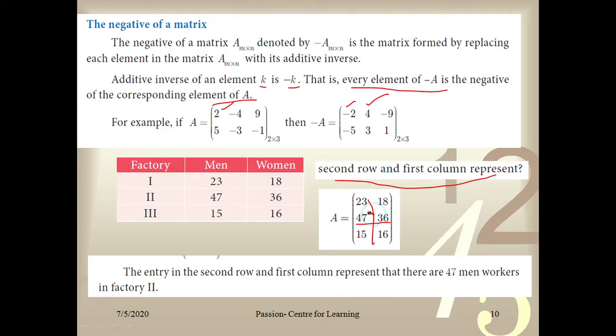So it represents this value. Second row, first column. So it represents 47, which means there are 47 men workers in factory 2. This is 1, this is 2, this is 3. So second row, first element. Okay, which means 47 men workers in factory 2.